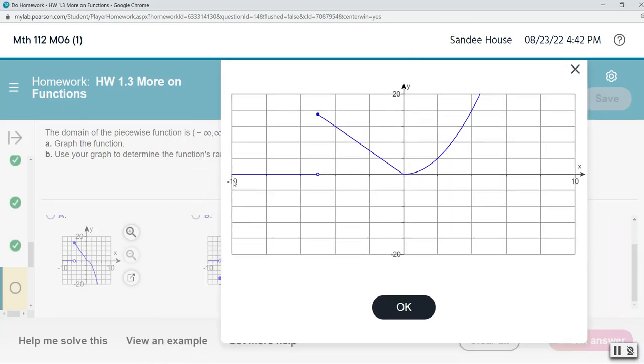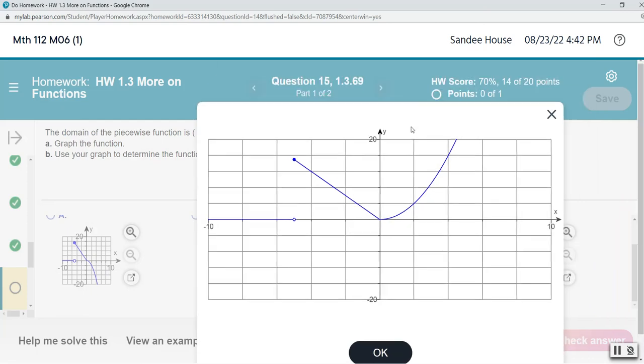So look, halfway between 0 and -10 is -5. That's right here. And look, everywhere over here is 0, right? On the x-axis, this point would be -10, 0, -9, 0, -8, -7, -6, -5, 0. So all of these are 0. That part's right.